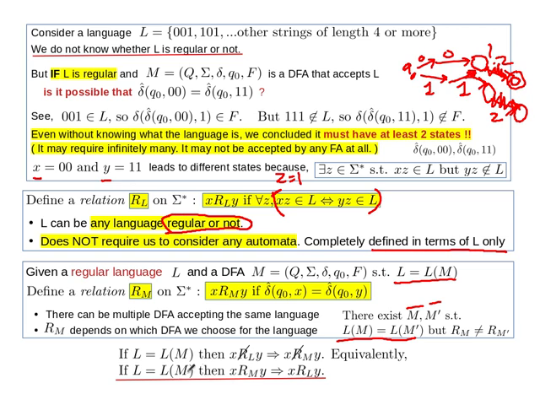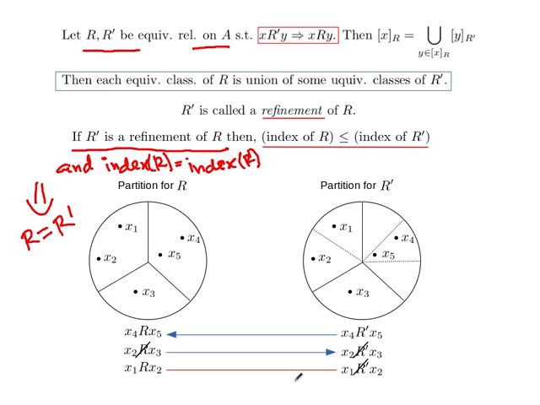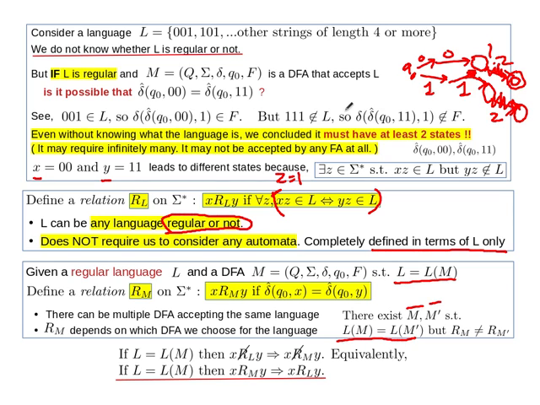So in the contrapositive form, that means if they are related here, that implies that they are related here. So you can see that this is a refinement of this relation. Okay, so the definition of refinement that we had here: if this implies this, then R prime is a refinement of R. So here this implies this, that means this Rm is a refinement of RL.